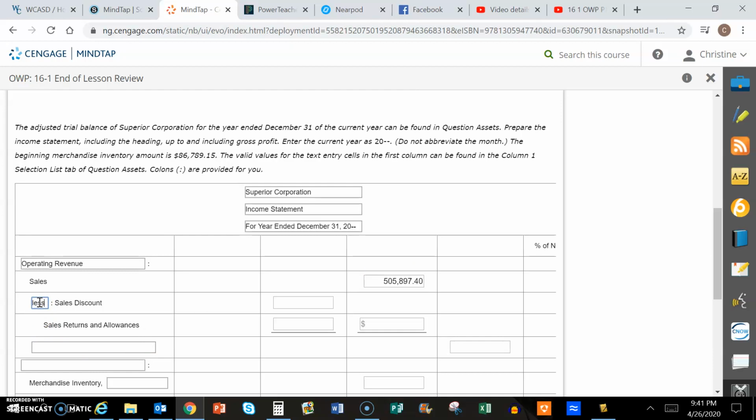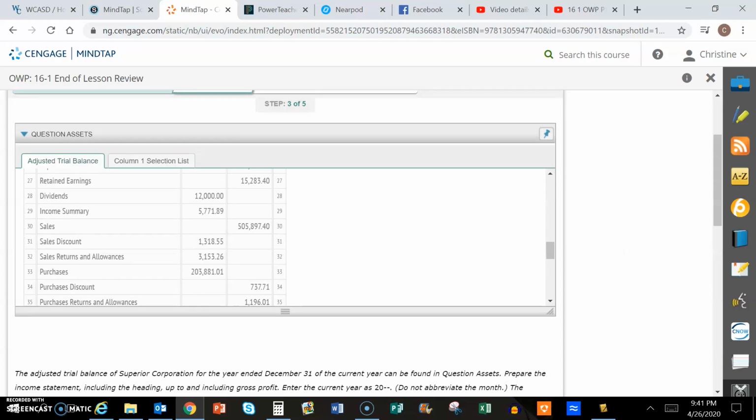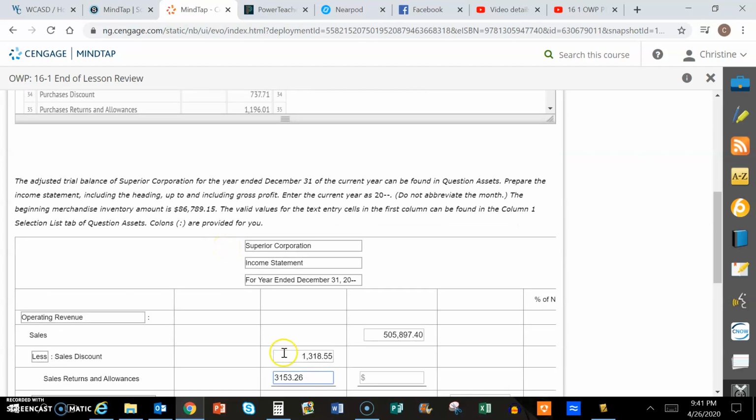Less your sales discounts. We're going to add both our sales discounts and our sales returns and allowances up, and put that total here. Your sales discount was 1,318.55. Your returns were 3,153.26. Again, those numbers are right here. I'm just taking these numbers and plugging them into the income statement.